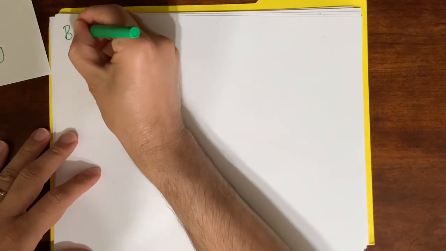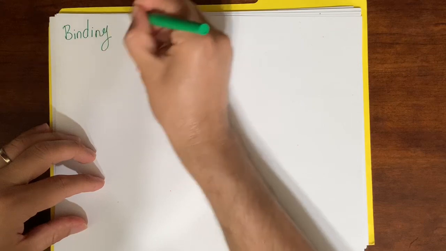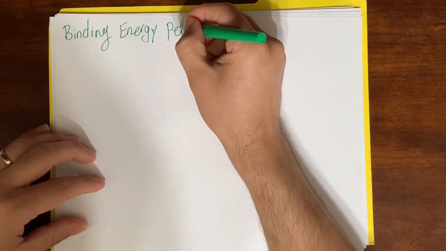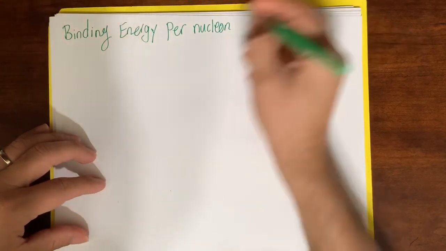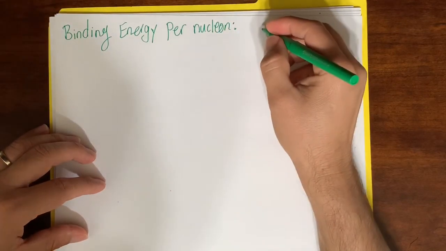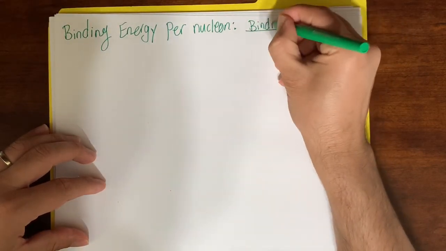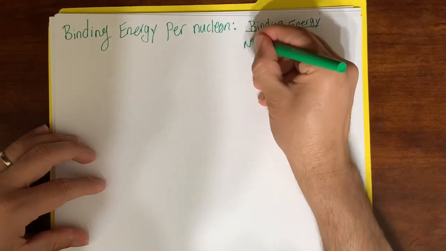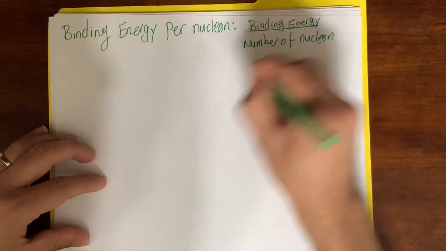So here we say binding energy per 1 neutron or proton in the nucleus is going to be equal to binding energy divided by the number of protons and neutrons.